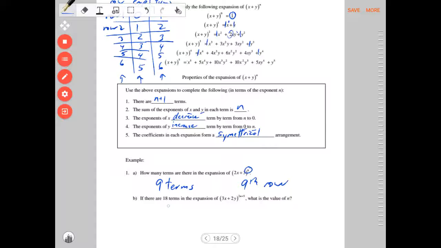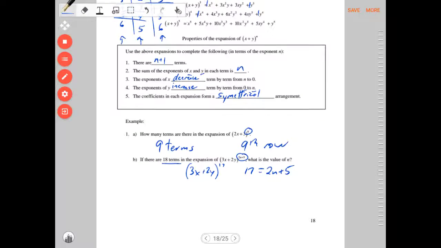Okay, so if there's 18 terms in this particular expansion, what's the value of n? If there's 18 terms, that means the exponent must be 17. So (3x + 2y) to the 17. Well, that means 17 has to equal 2n + 5.